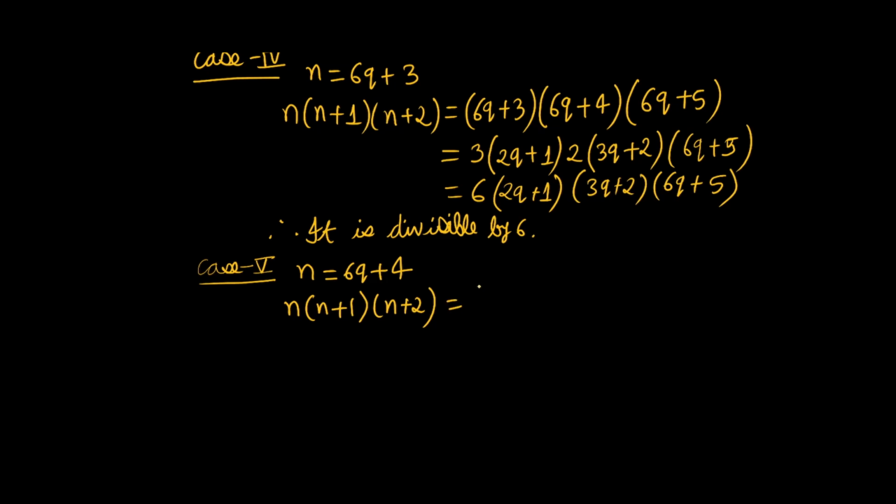So n is 6q plus 4. So we can take 6q plus 5 and 6q plus 6. So directly we will take common from the last here.